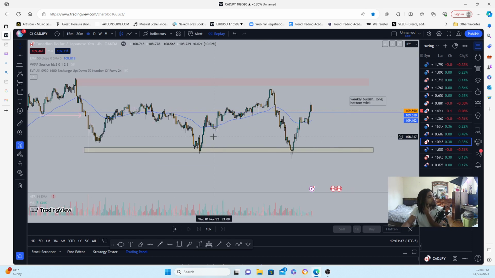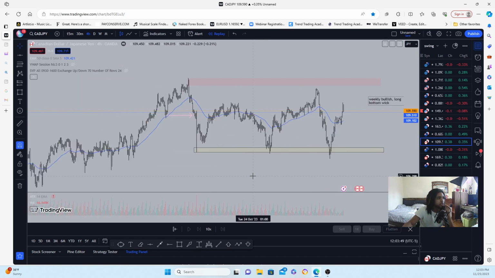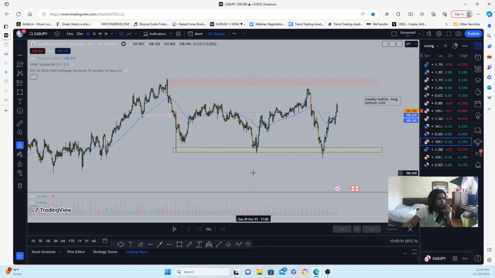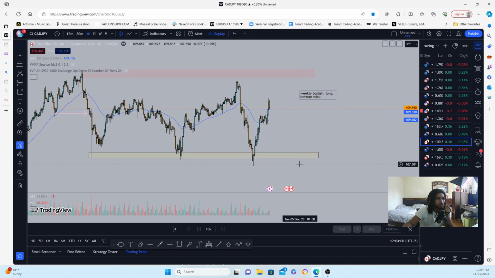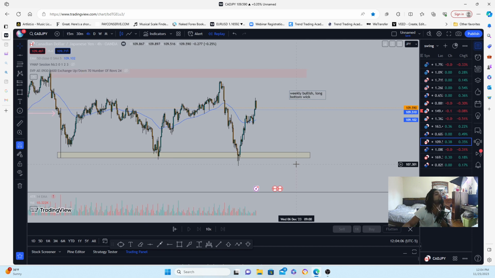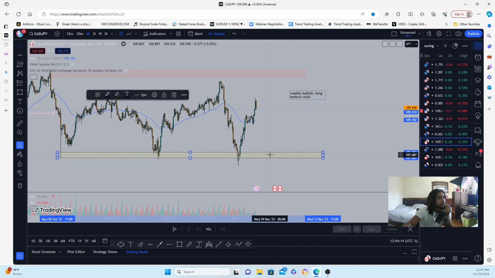So the range. Weekly bullish. Honestly, I'm just gonna wait to see what happens.